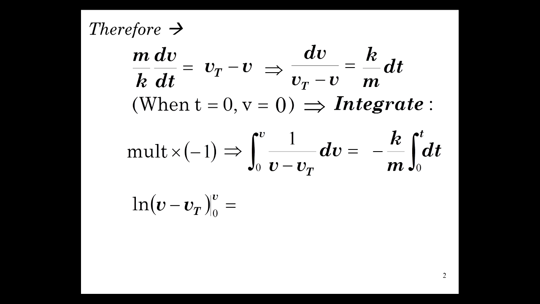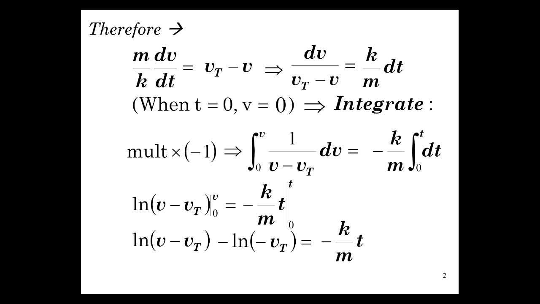So the integral of 1 over v minus v_t is the natural log, and that's equal to minus k over m t. So we get natural log of v minus v_t minus natural log of minus v_t, when we stick 0 in for v, is minus k over m t. And we're well on our way.